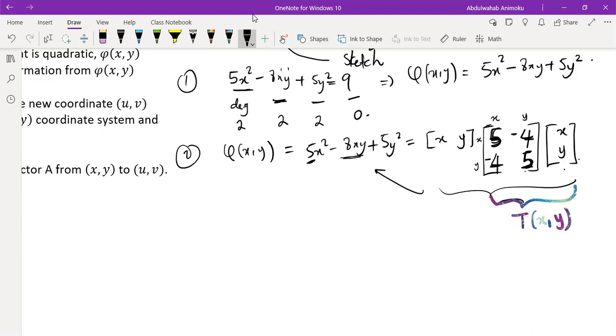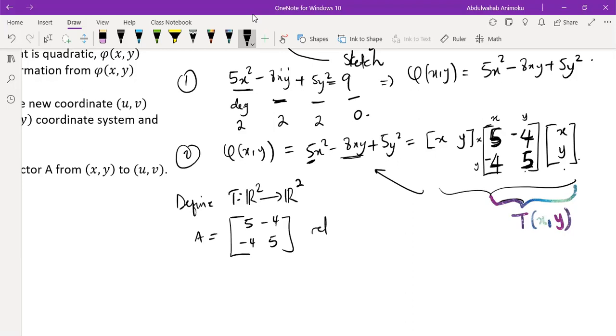We look at this as a transformation where the matrix of transformation is relative to the standard orthonormal basis. So here we can now define our transformation. Remember, it has to be from R squared to R squared, because you have a 2 by 2 matrix, where this is the matrix of transformation relative to the standard orthonormal basis for R squared.